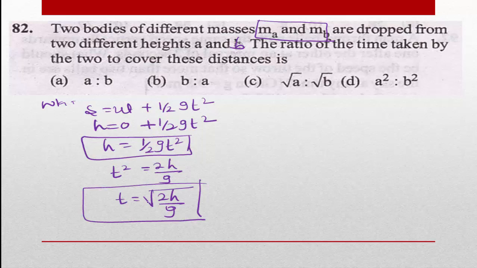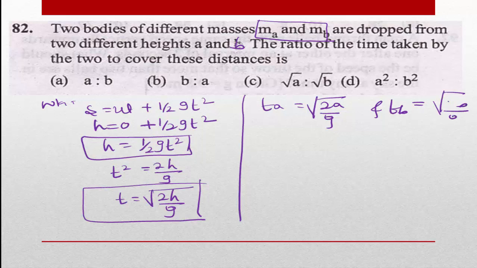For the height A, TA is equal to root of 2a divided by g, and for the time taken by the body of mass MB to cover its distance, TB is equal to root of 2b divided by g.